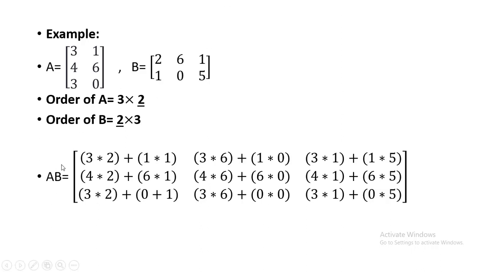Here I multiplied A into B. For B into A, the column of B should be equal to the number of rows of matrix A.